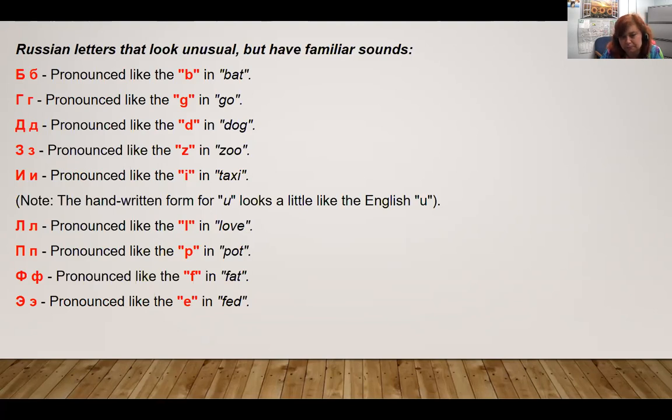You can transliterate it in English as E, or you can put double E, EE, to show that it's that letter, not anything else. But the handwritten form of this letter looks like English U. So don't confuse these two.